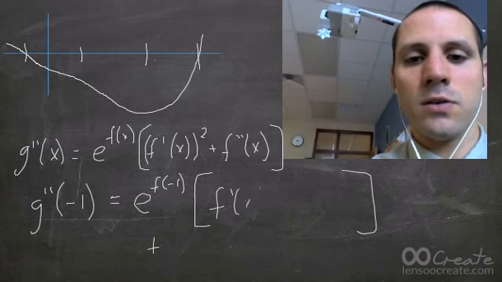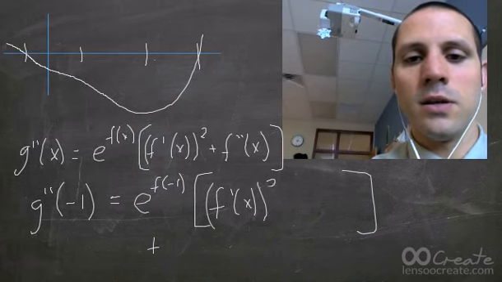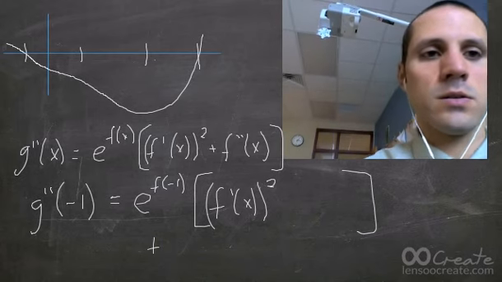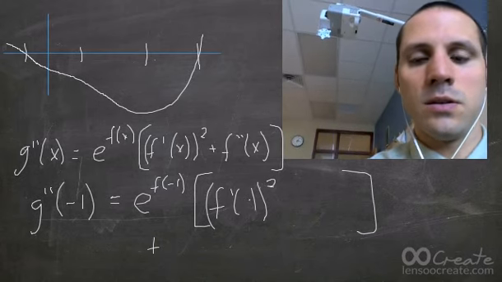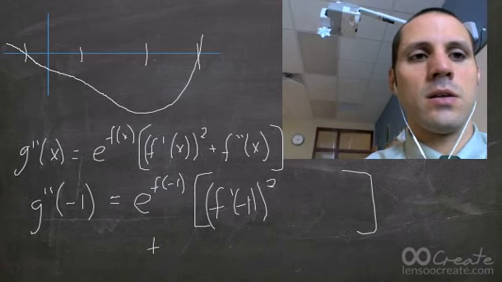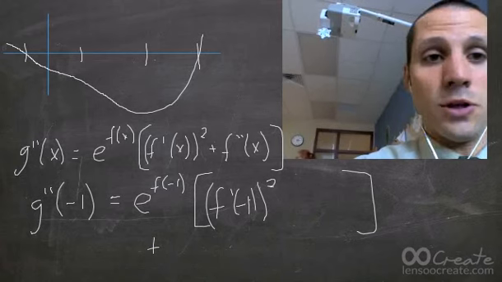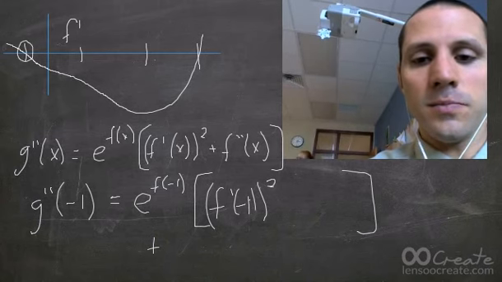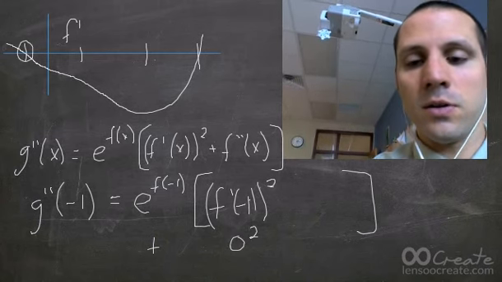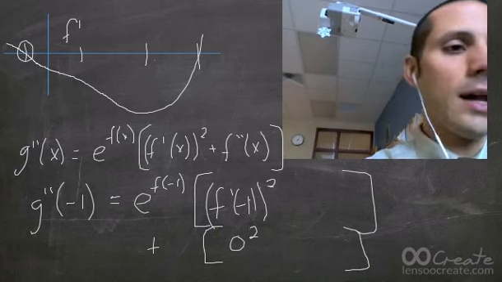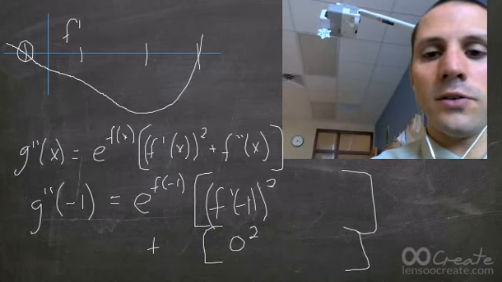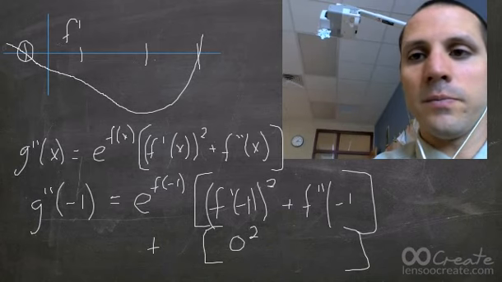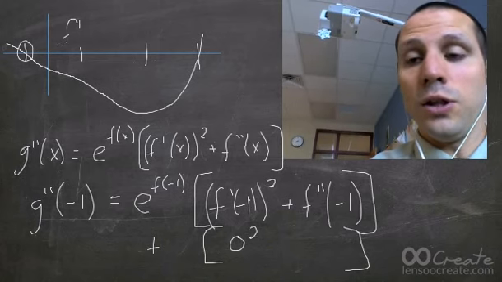F prime of x squared. And if we put the negative 1 in there, if I look at the graph, f prime of negative 1 is 0. 0 squared is still 0. And then last, plus f double prime of negative 1.